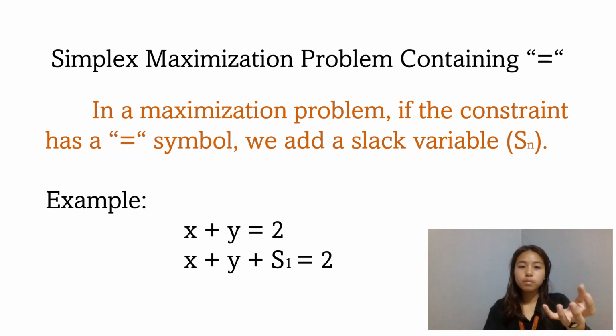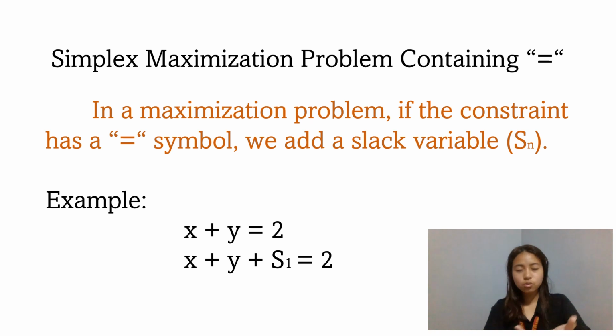So for the constraint x plus y equals 2, you introduce a slack variable, let's call it S1, and it becomes x plus y plus slack 1 equals 2.